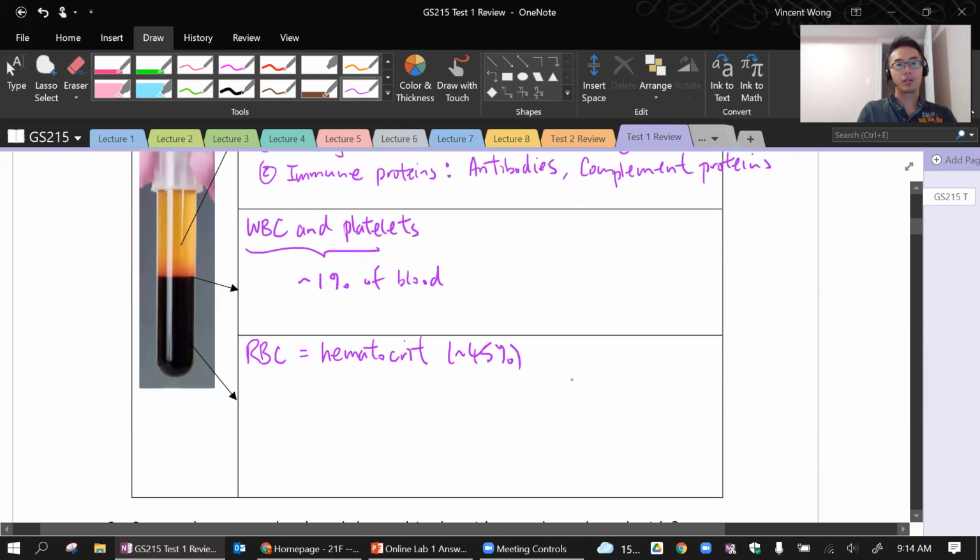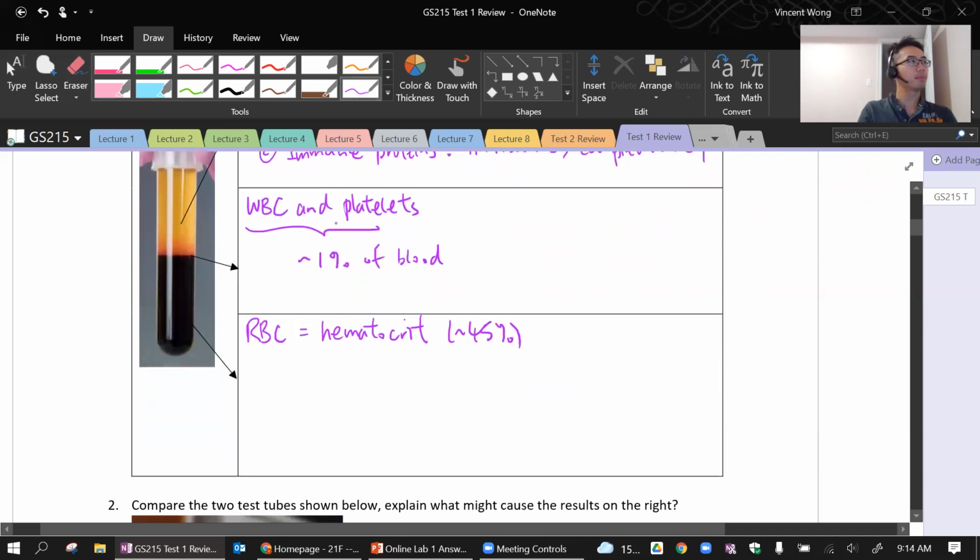So while we're here, let's review some characteristics of RBC. Right, they contain hemoglobin, which is a protein with iron in it. And hemoglobin is important for transporting gas, oxygen.